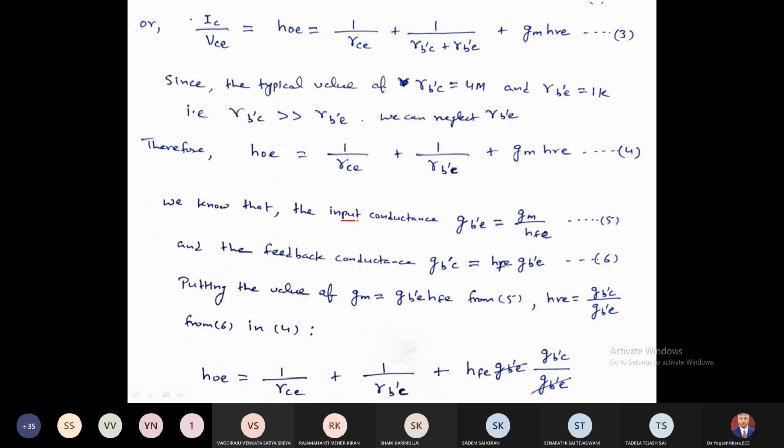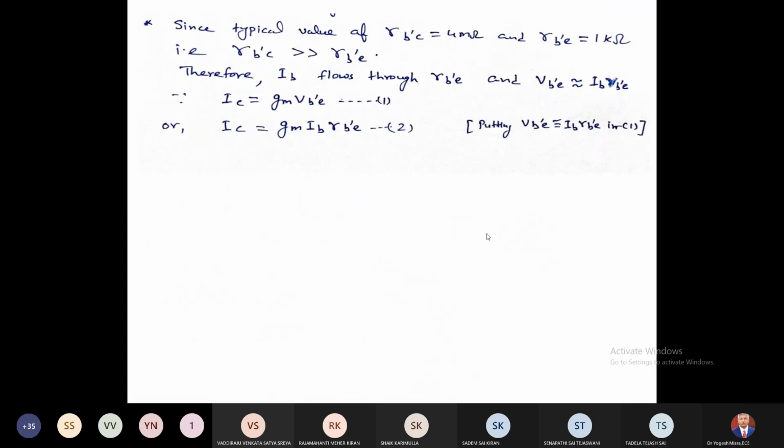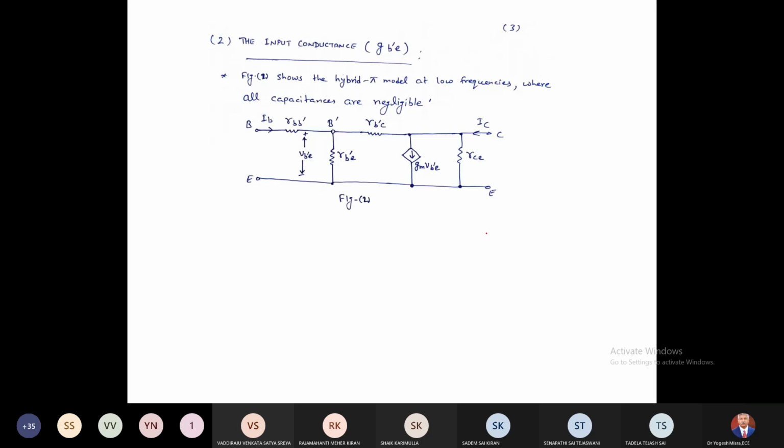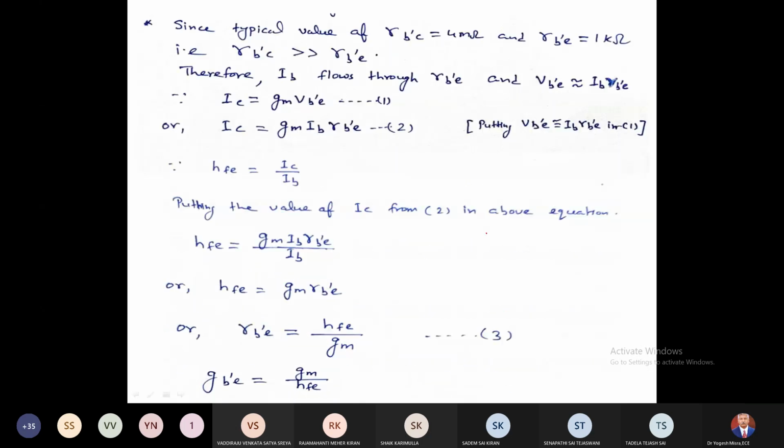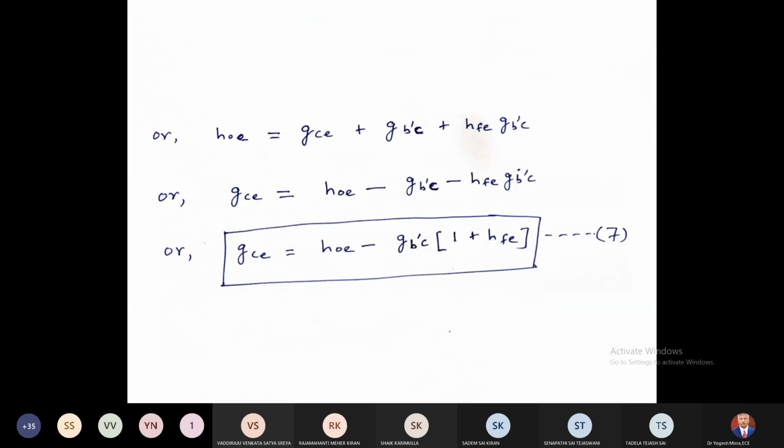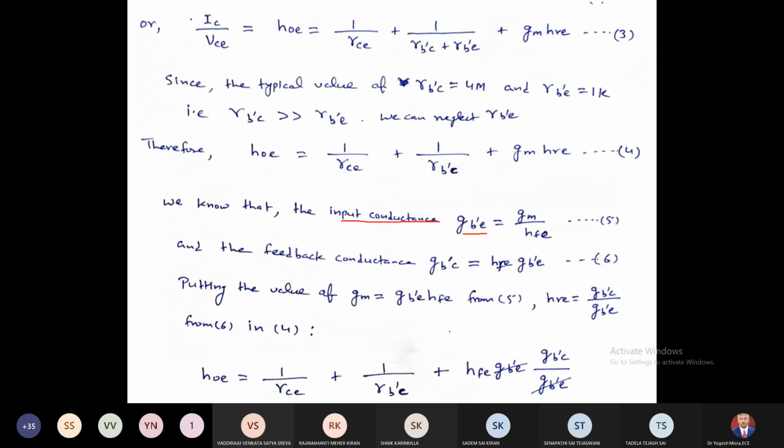Now we know the input conductance GB'E. What is the expression of GB'E? We calculated input conductance GB'E. This GB'E is GM by HFE. I have given the name number 5 to this.